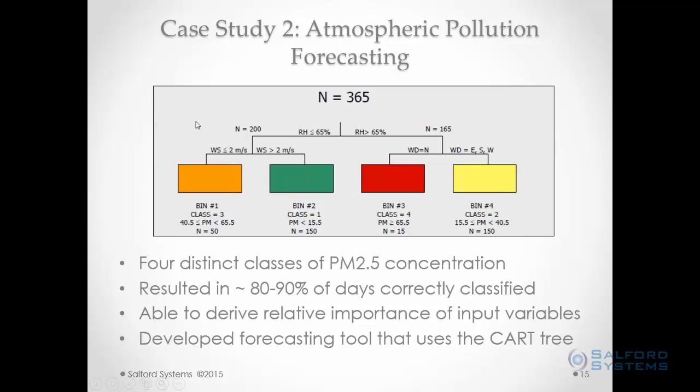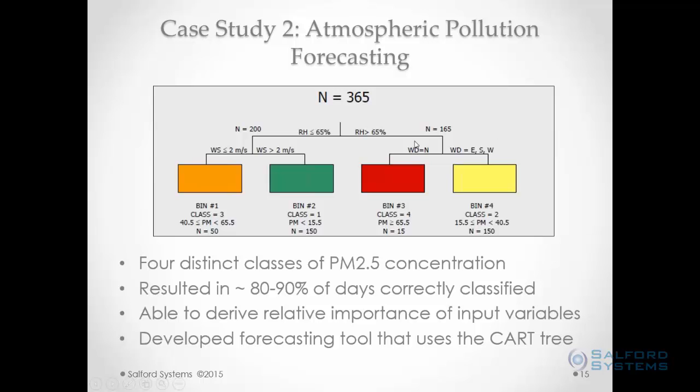Now the 200 days of the year that went to the left were then split based on the wind speed of that day, and subsequently placed in either class 3 or class 1. And below the classes, you can see the different concentrations of the particulate matter. On the right, the 165 days were split based on the wind direction.